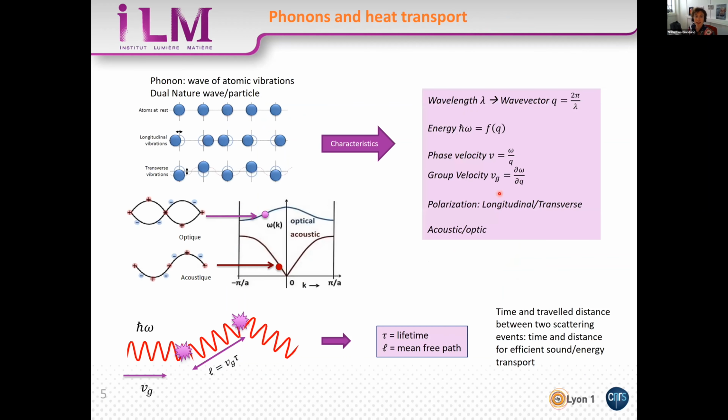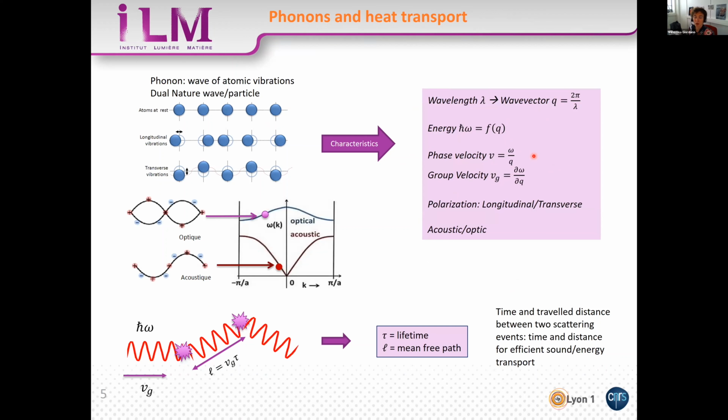A phonon is characterized by a wavelength or wave vector, and an energy omega, which is related to the wave vector through a dispersion law, from which we can calculate the phase velocity and the group velocity, which is the slope of the dispersion.